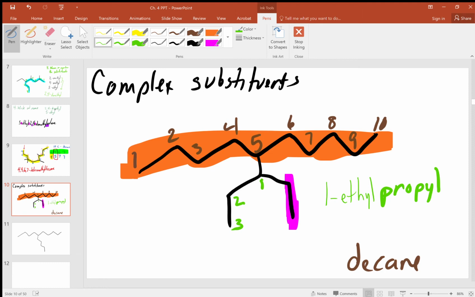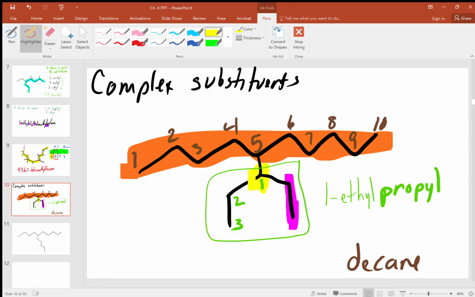So just to go back over what we did here, we went to the substituent, which is this whole group. We numbered the first carbon of the substituent as the carbon that is attached to the parent chain.